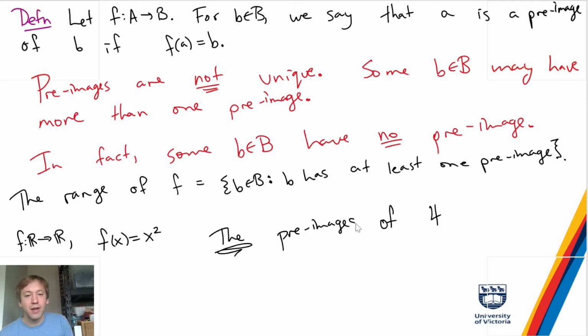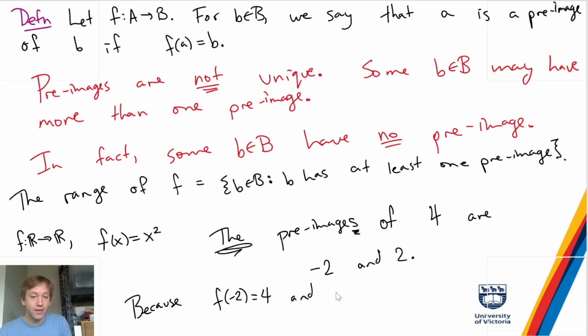So maybe I'll say the preimages of 4 are the numbers -2 and 2, because f of -2 is 4 and f of 2 is 4. So -2 and 2 are both preimages of 4, and in particular there are 2 of them.